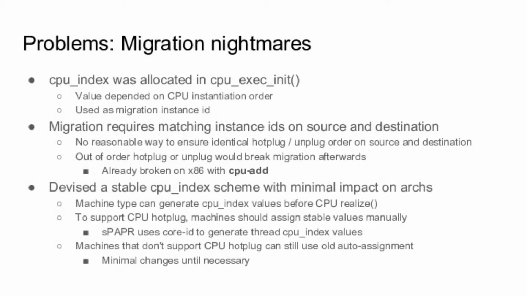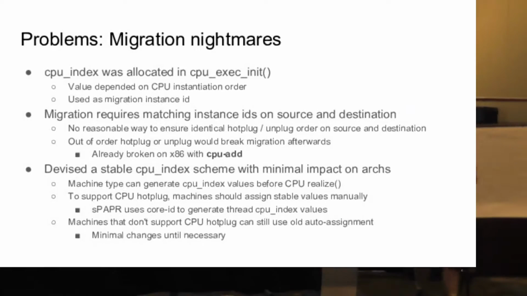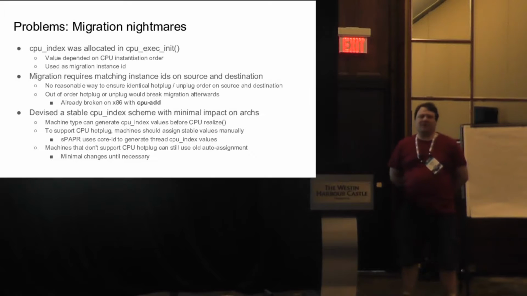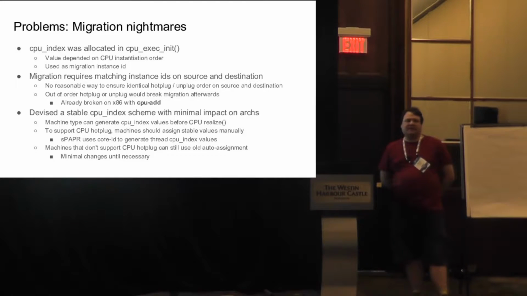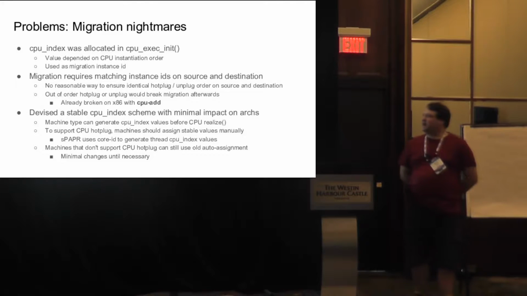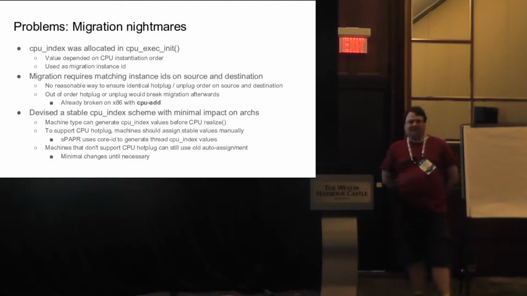The big problem was with CPU indexing and migration. We hit an awful lot of problems here, which we only just fixed in time. The way things worked is that CPU index was used through lots of QEMU to identify which CPU thread was which, and that was allocated in cpu_exec_init, a function which has been around forever, since before QEMU existed and all sorts of things.